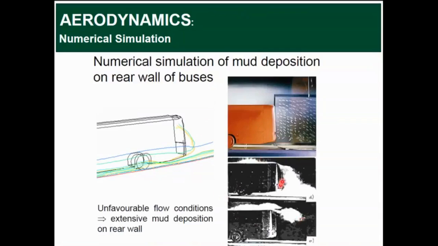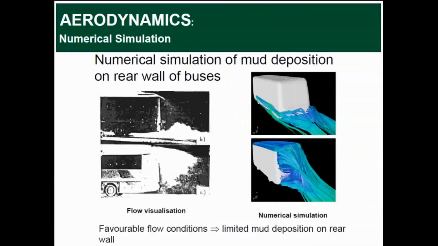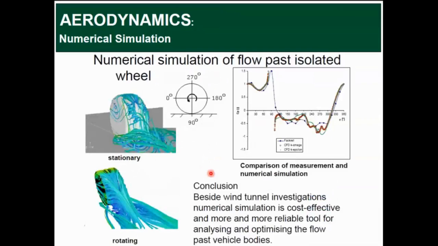Nama software tu lah. And also we can use HyperWorks. Okay, this is an example of the simulation of mud deposition on the rear wall of buses. Okay, tengok sini. Pass flow the wheel. Okay, wheel.